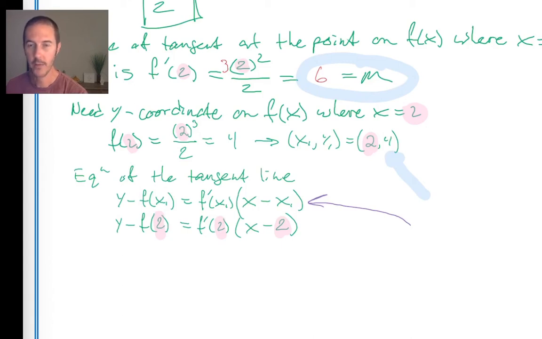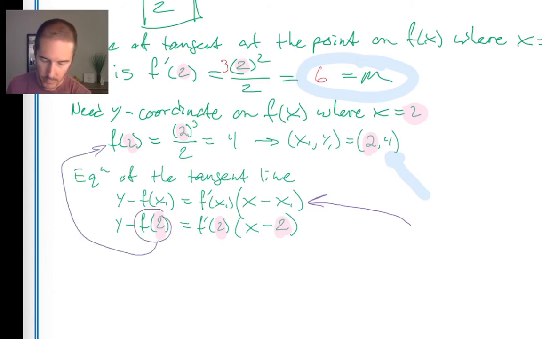We said that our x value is a 2, so I've replaced x1 with a 2. Now I'm going to make another pass through this equation. What is f of 2? We know what f of 2 is. F of 2, we processed that. It turned out to be a 4.